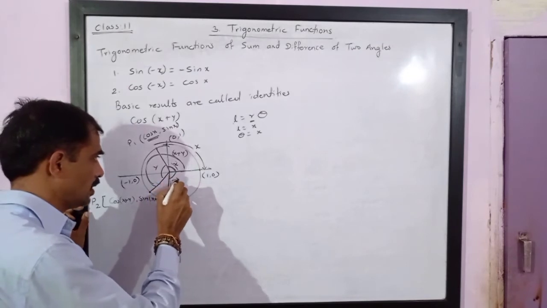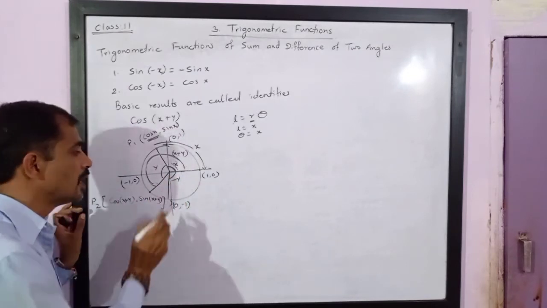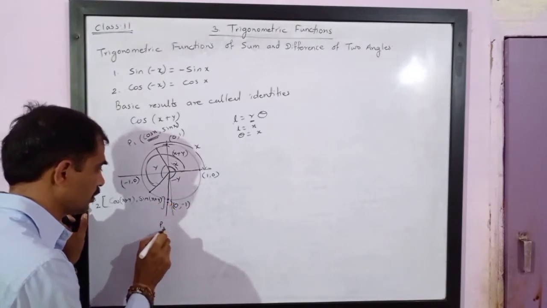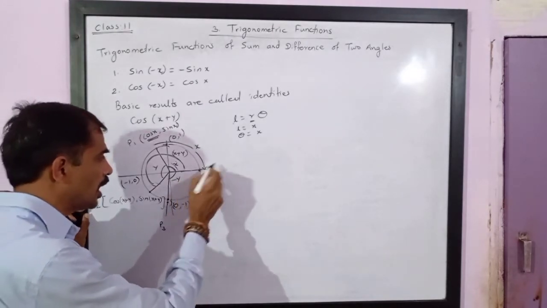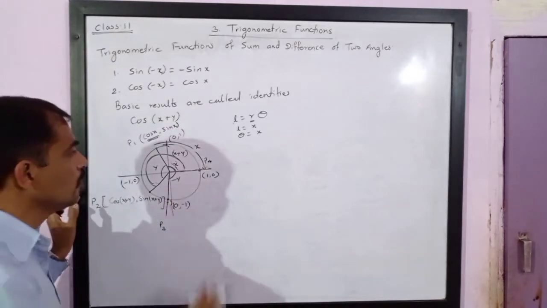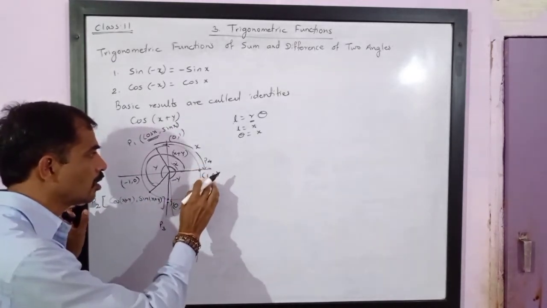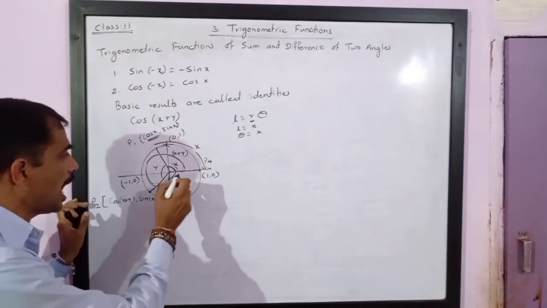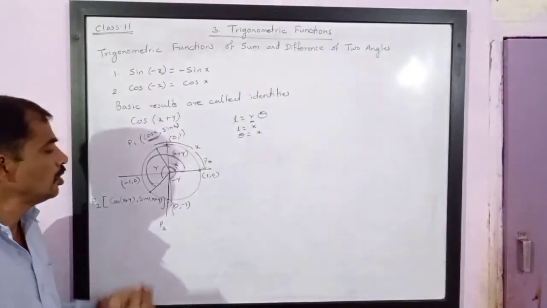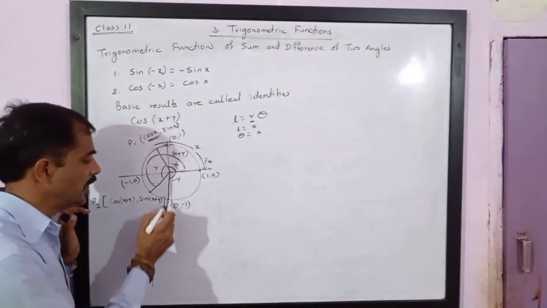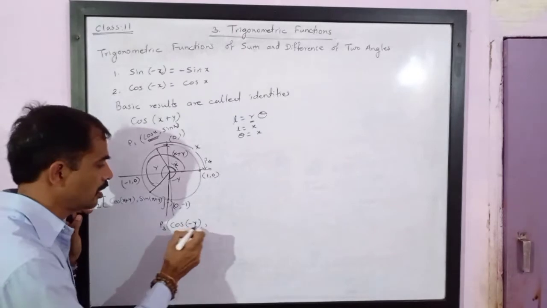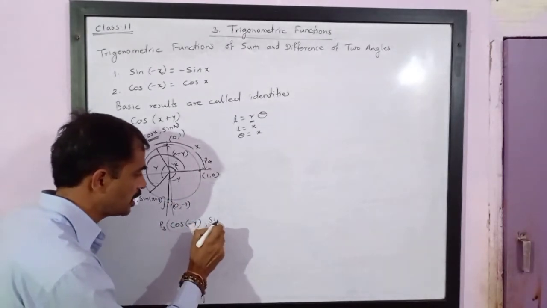This is the negative y angle. This point is P3, and let the point on the positive direction of x-axis be P4. Here the coordinate is 1, 0, and for P3 the angle is negative y. So the coordinate of this will be, as we have already studied, the x coordinate is cos of the angle, that is cos of minus y, and the y coordinate is sin of the same angle, sin of minus y.